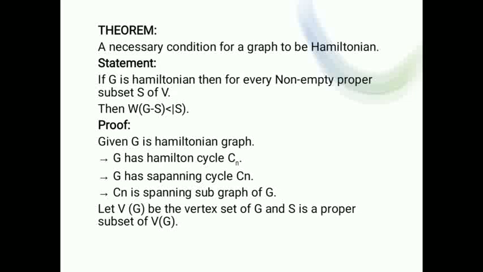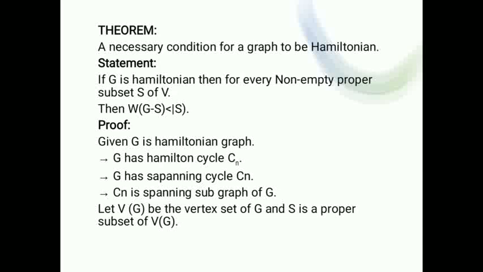So here we see the proof now. Given G is a Hamiltonian graph. Since G is Hamiltonian, by the definition of Hamiltonian graph, G has a Hamiltonian cycle Cn.